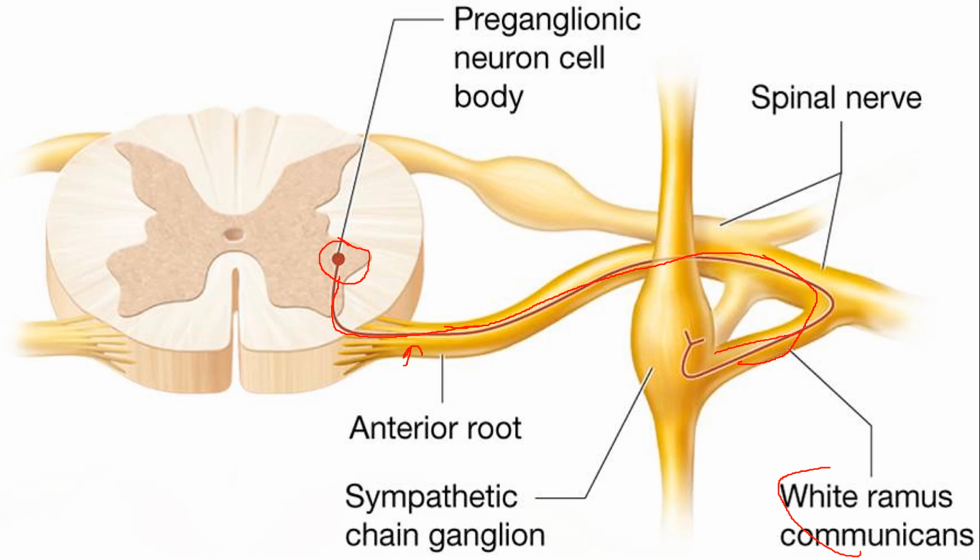And then here is where you find the sympathetic chain ganglion. This is just one chain ganglion, and there is another mirrored on this side, with the same sort of structure.